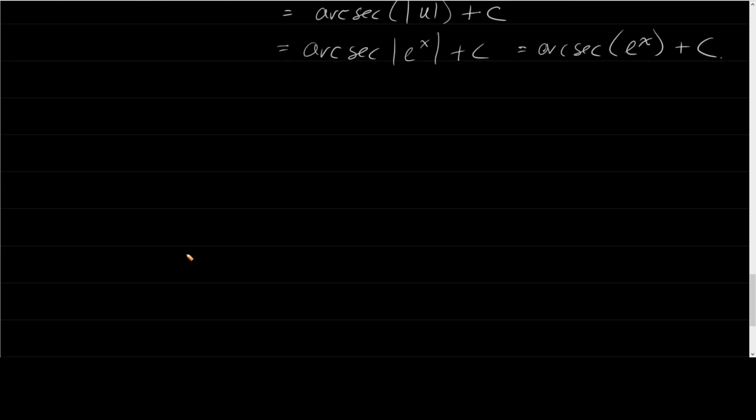So that was D. E is the integral of 1 over x squared minus 6x plus 12 dx.